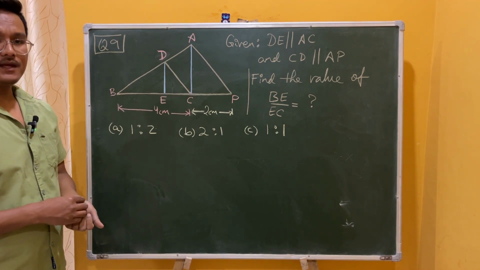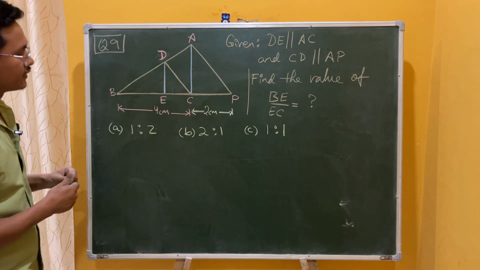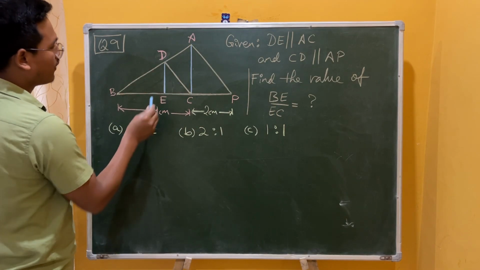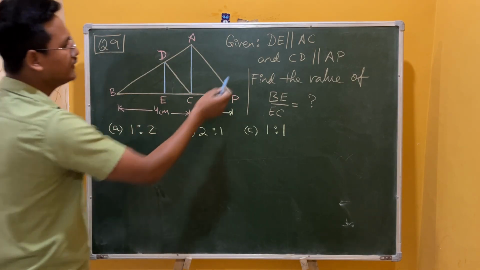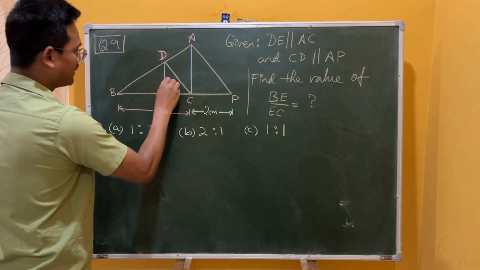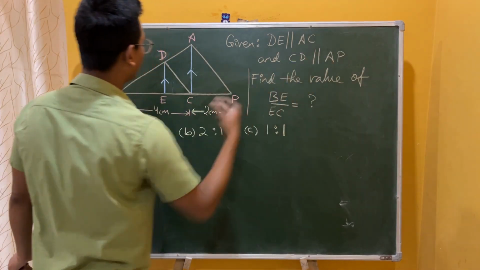Okay, this question number 9 is from similarity of triangles. As you can see in the figure, you see a triangle ABP and the points D, E and C. They've given DE is parallel to AC. So this line is parallel to this line and CD is parallel to AP.